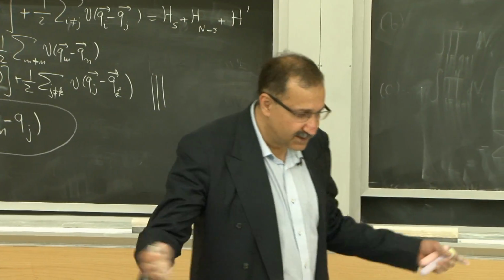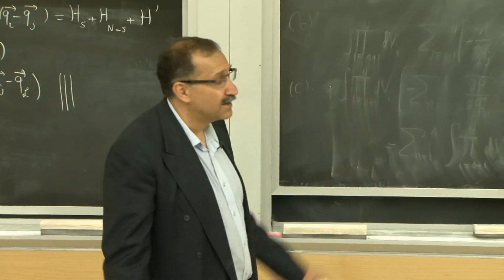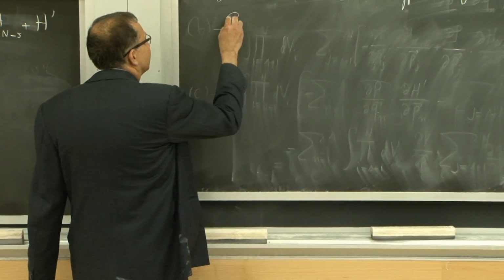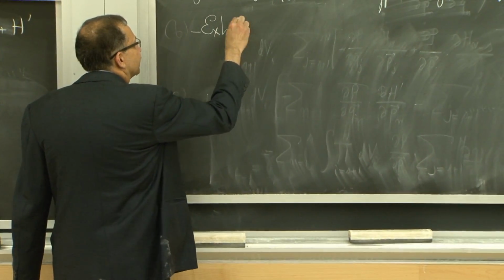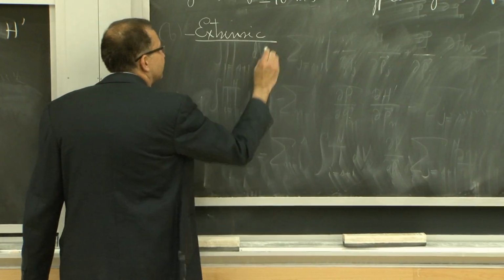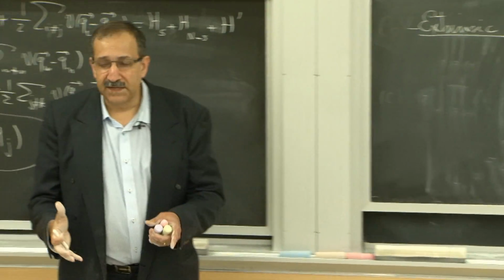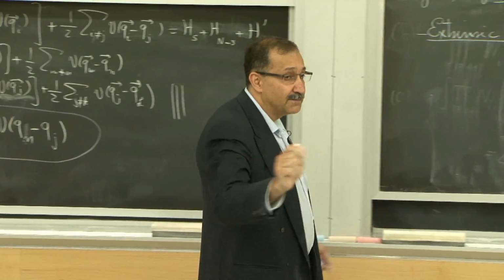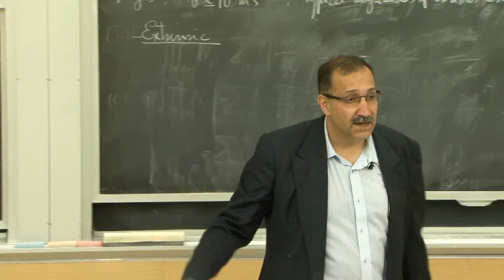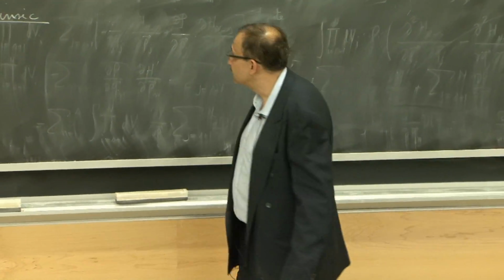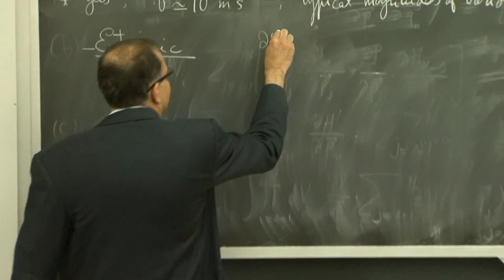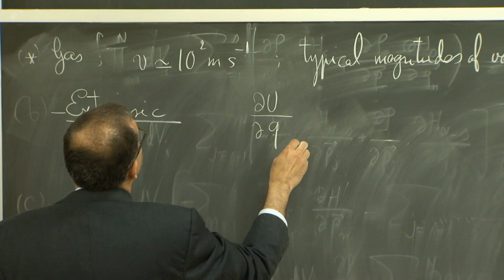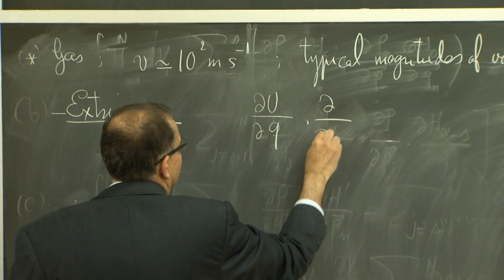It has to be set by the size of the box, given that I'm moving with that velocity. So there is a time scale that I would call extrinsic, in the sense that it is not really a property of the gas. It will be different if I make the box bigger. There's a time scale over which I would go from one side of the box to another side of the box. So this is a time scale that is related to the term that knows something about the box, which is du by dq, d by dp.